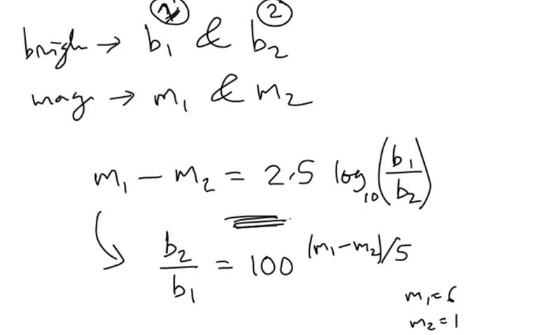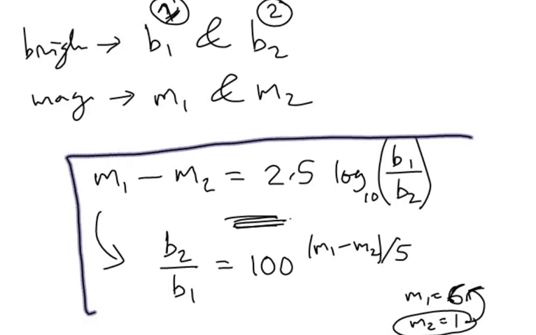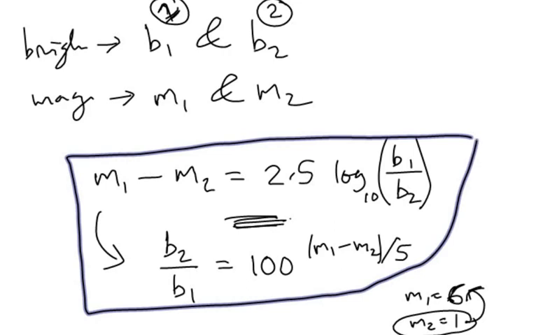So this means that this star, M2 equal to 1, is brighter by about 100. This is what was observed previously by Hipparchus. So we do have these two important relations where we have defined the apparent magnitude in terms of apparent brightness.